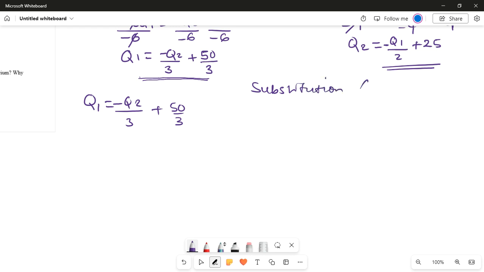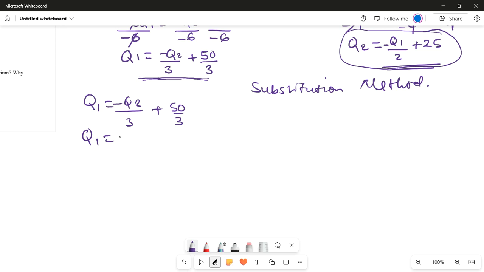So we can use the substitution method, where in Q1, where there is Q2, we can put this, because we've defined Q2 to be that. So let's do just that.